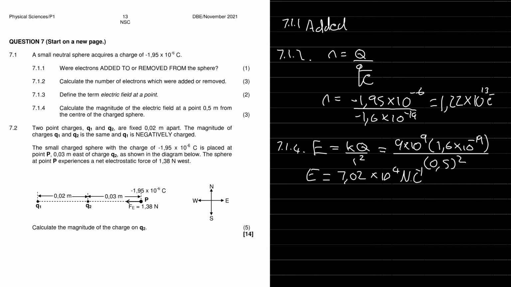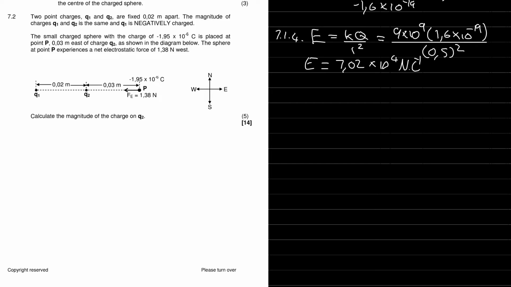Okay, next question, 7.2. Two point charges Q1 and Q2 are fixed 0.02 meters apart. The magnitude of charges Q1 and Q2 is the same. That's important. And Q1 is negatively charged. Which means Q2 must be positively charged because there's a net force that way.